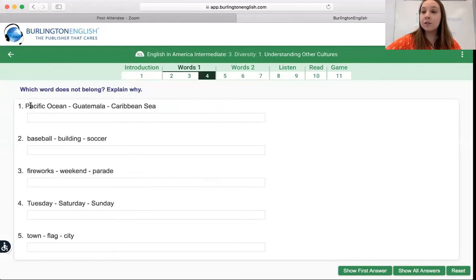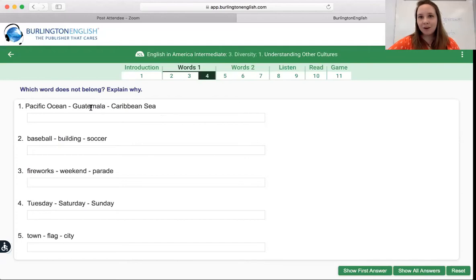So in this, you're trying to choose which one does not belong. Which of those does not belong? For number 1, it's going to be Guatemala.